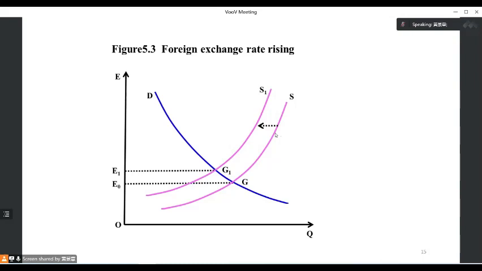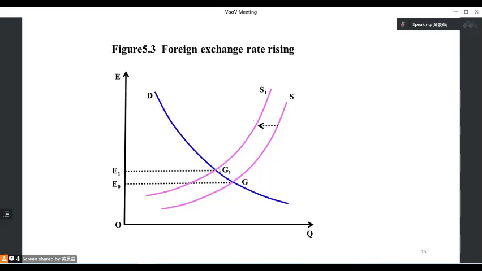When foreign currency is short because foreign currency expenditure is more than foreign currency income, it will lead foreign currency supply S to move to the left to foreign currency supply S1.